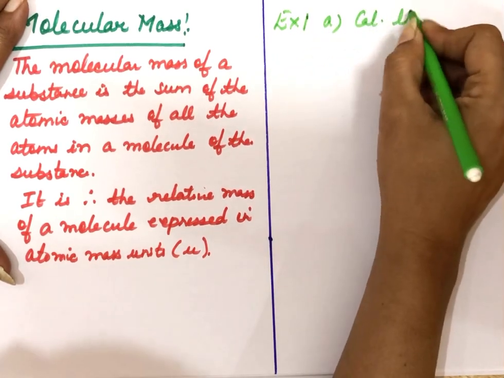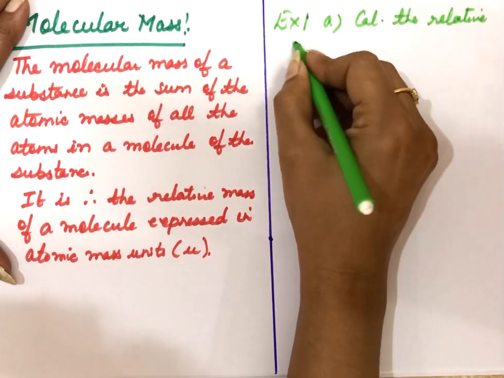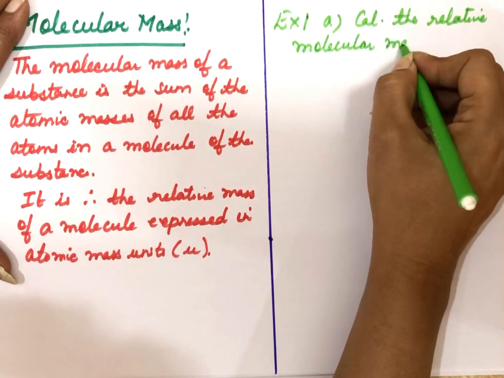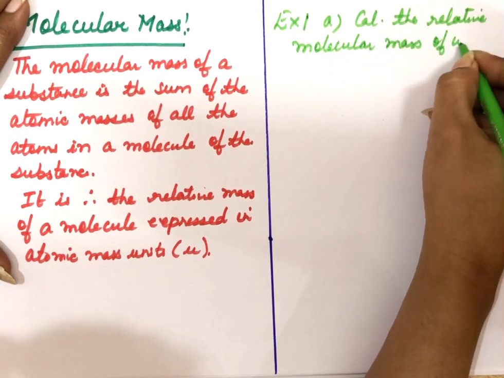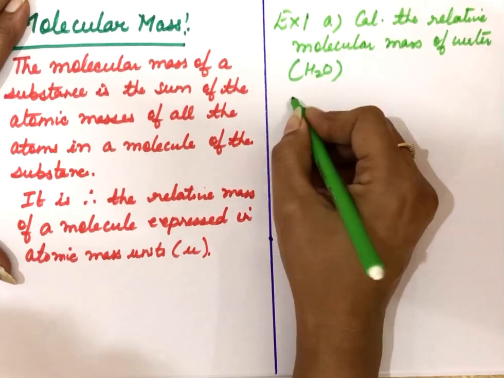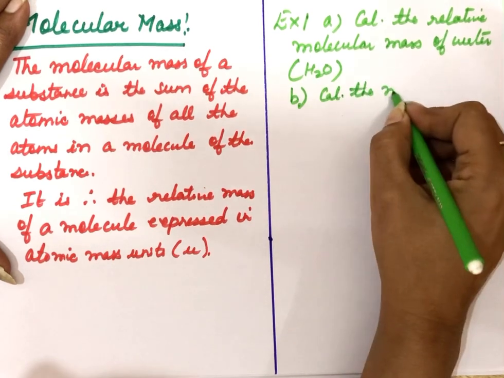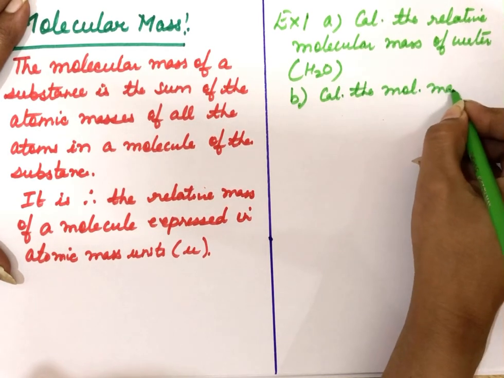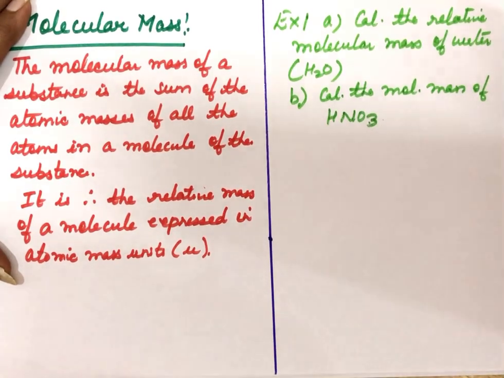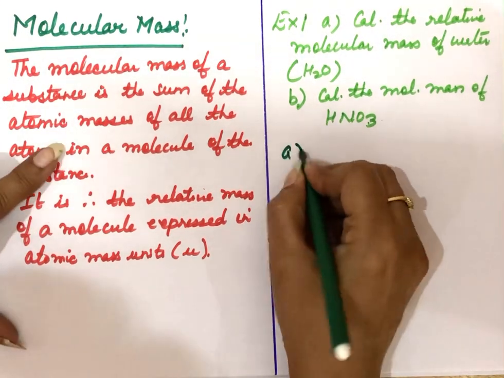Calculate the relative molecular mass, and unit for this one we will write as U. Of water we will calculate, and B part is calculate the molecular mass of nitric acid, HNO3.